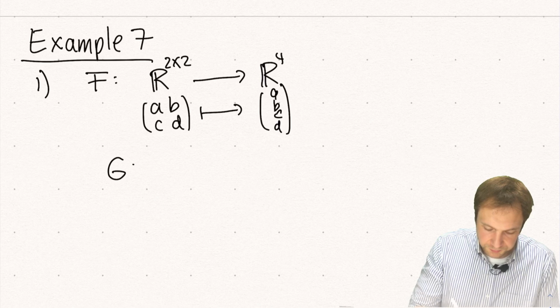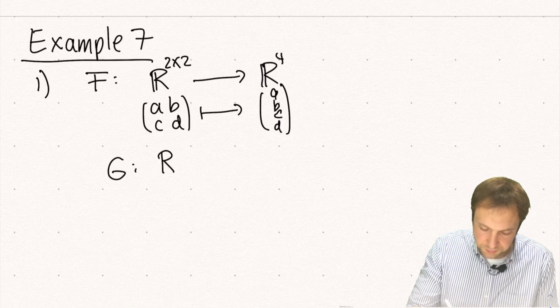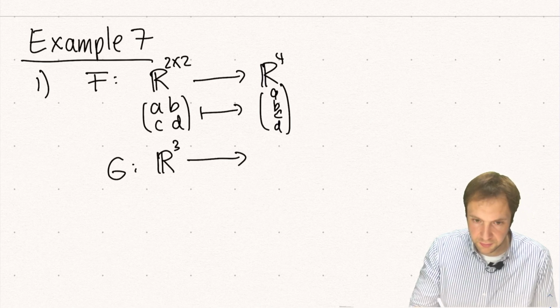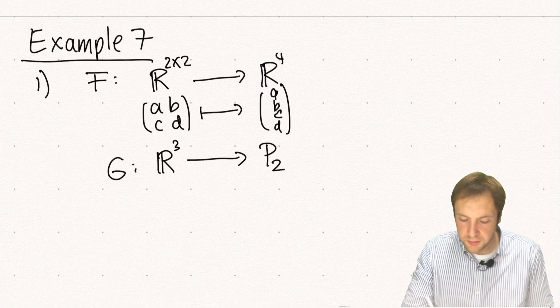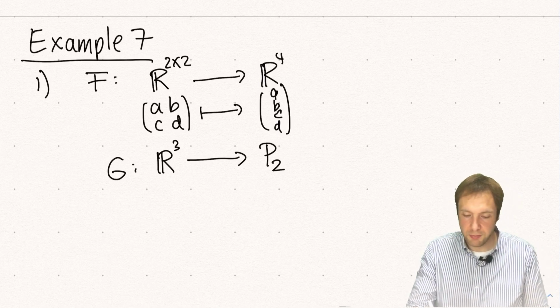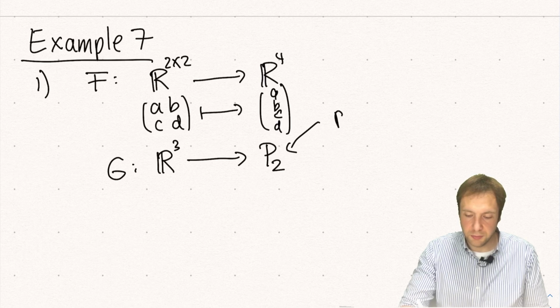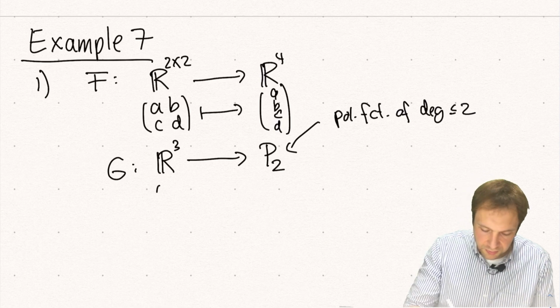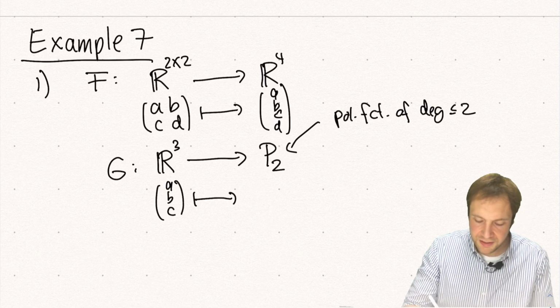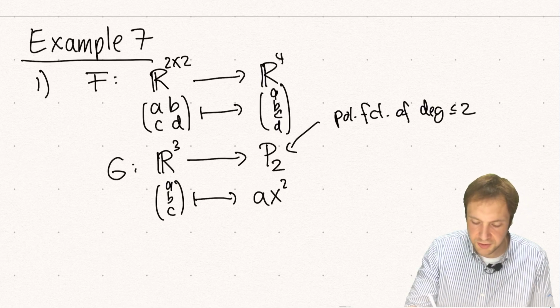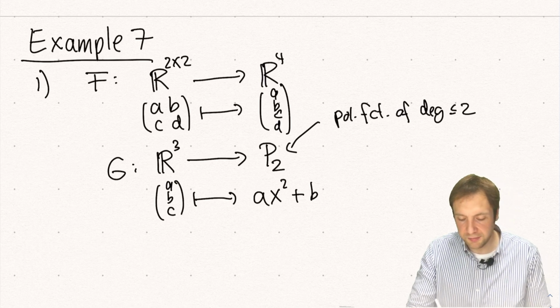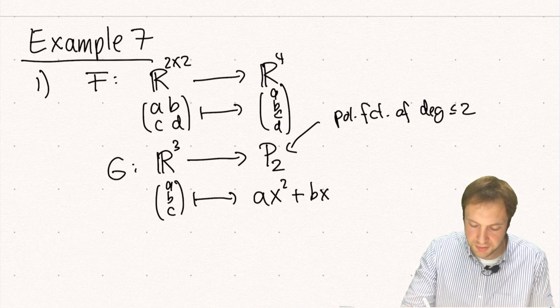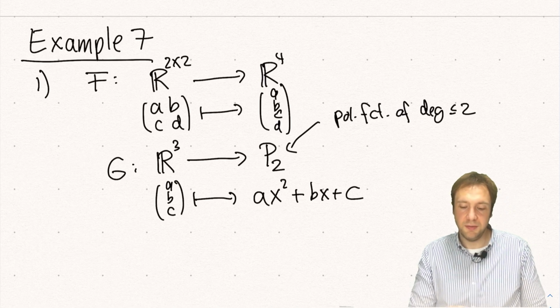Or for example, let's take G from R3 to P2. In P2, remember, these are polynomial functions of degree smaller or equal to 2, and R3 are vectors A, B, C, and this, for example, I can send to the function which sends x to ax squared plus bx plus c.